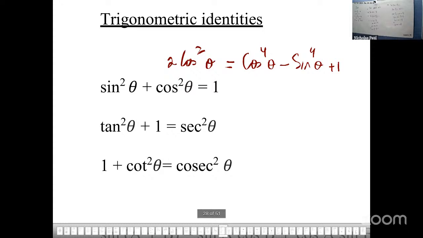You need the difference formula. I'll give you a hint: use difference of 2 squares.